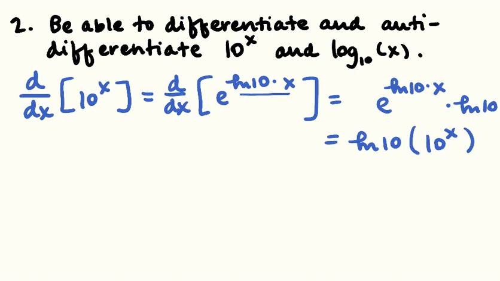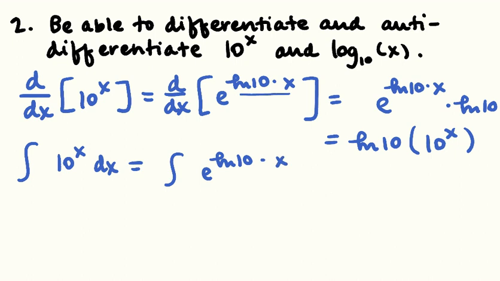Okay, so we multiply. If you had to antidifferentiate 10 to the x with respect to x, I would tell you to do the same thing. E to the natural log of 10 times x. Okay, we know that e to the u is its own derivative, antiderivative, derivative. If it's its own, then it's the same thing.